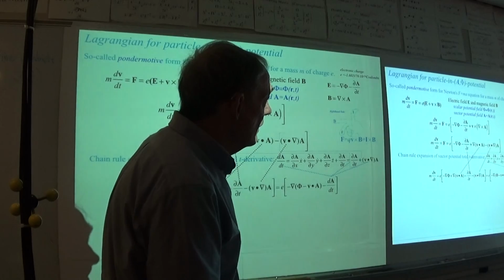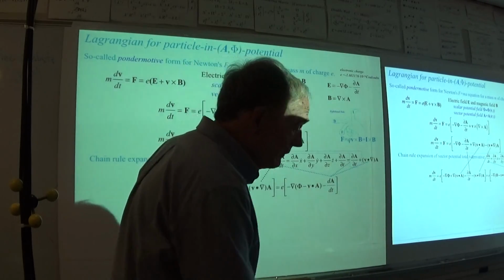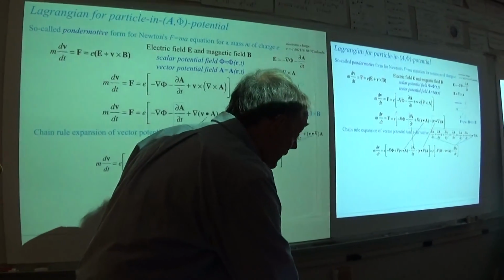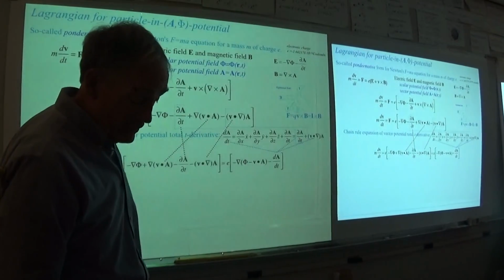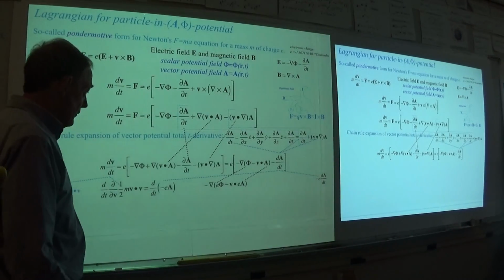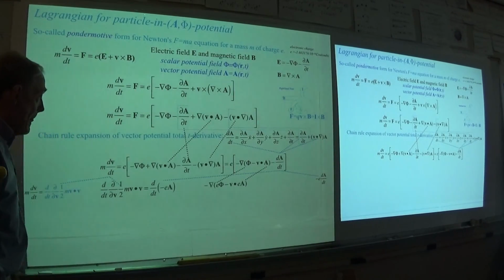Okay, so here's kind of where we stand just with respect to doing chain rules to get these Gibbs vector notations into shape. Now I start pulling the things apart a little bit here.